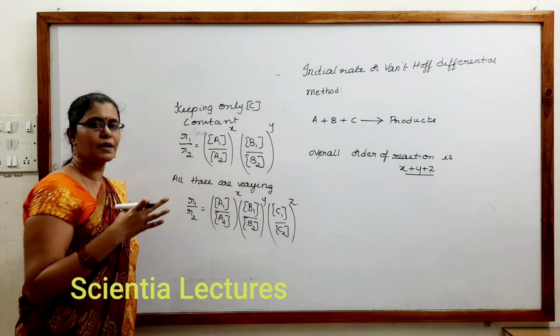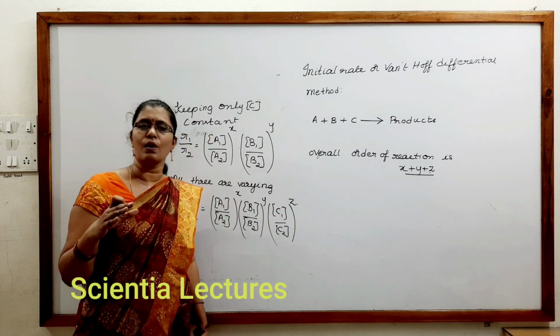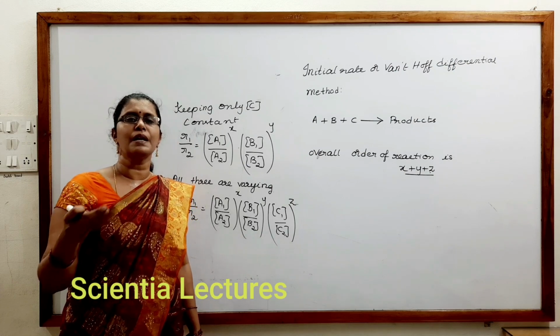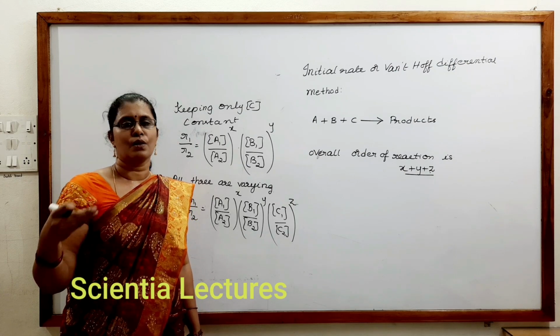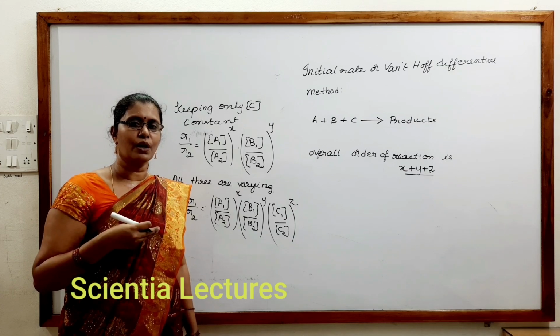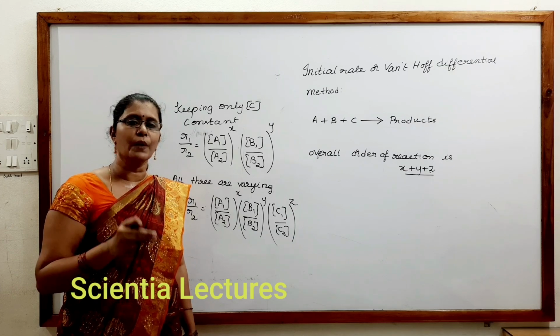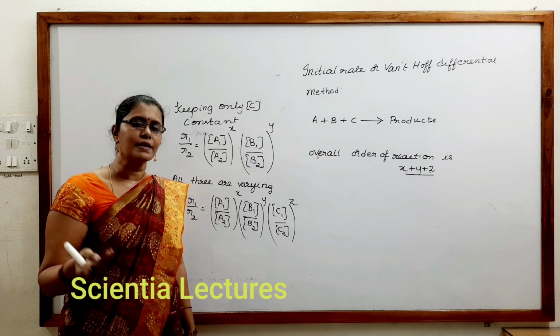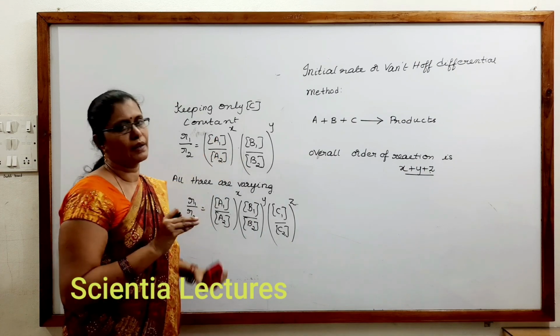In the first step of numericals given in the tabular column, only A is varying, B and C are constant. So from that you can calculate X. From step 2 to step 3, A is varying and B is varying. You already know X, so you can find Y by putting it in.